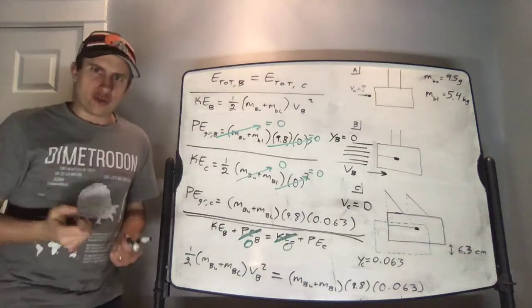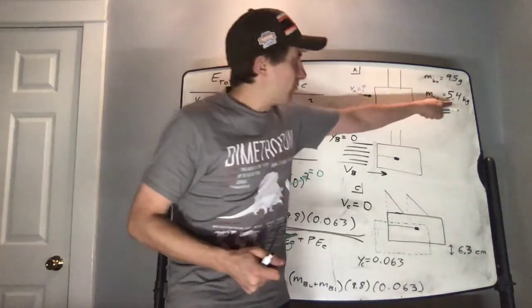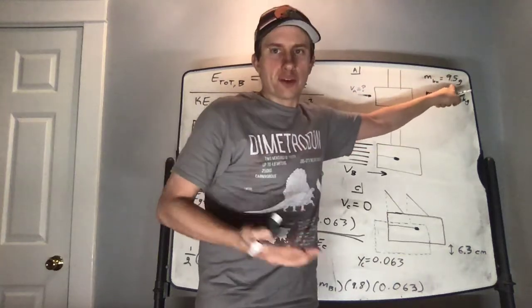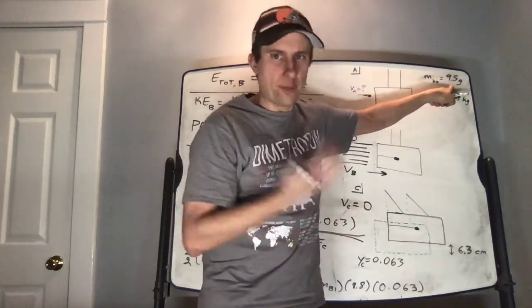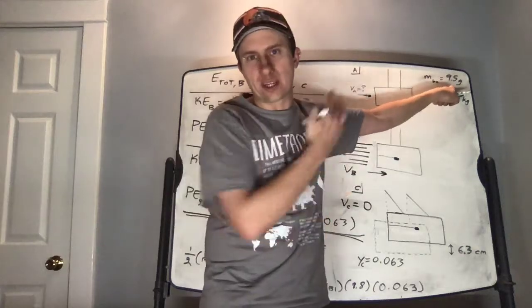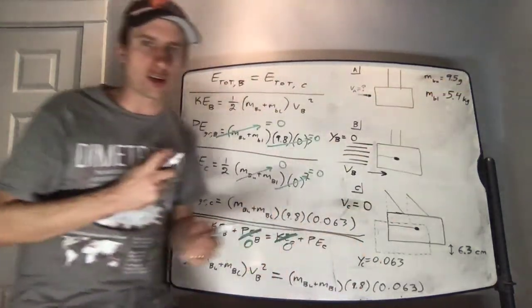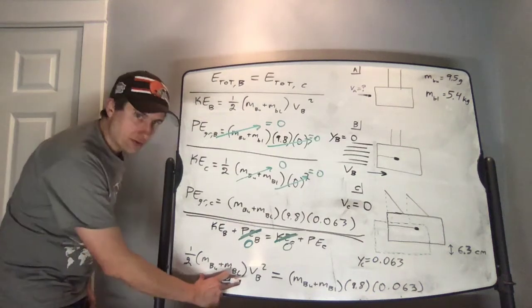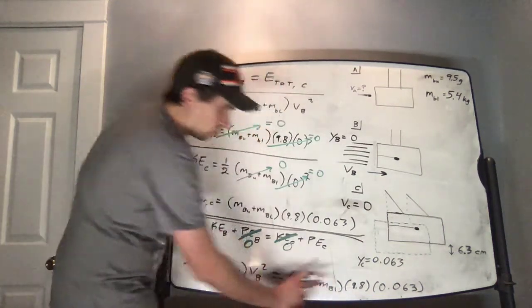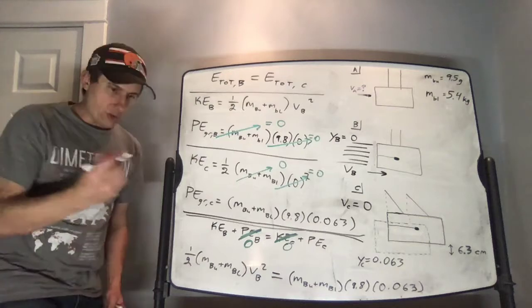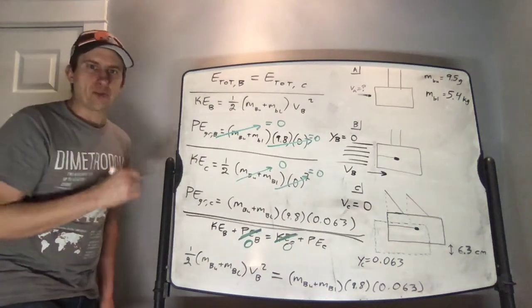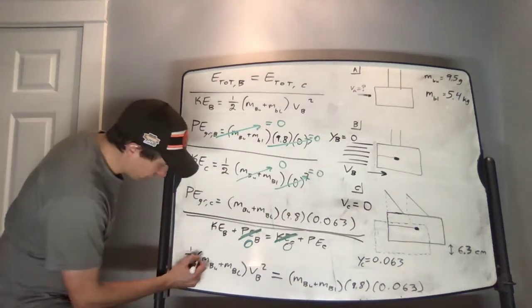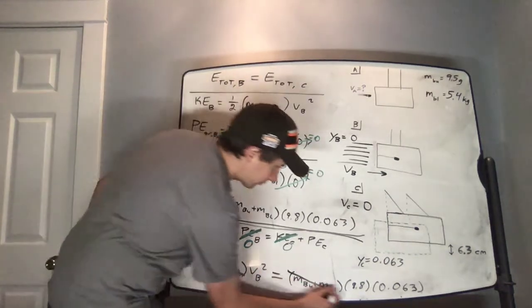Now, if I wanted to, I could plug in 5.4 kilograms for the mass of the block and 0.0095 kilogram for the mass of the bullet. Remember, we should be working in kilograms, so I would need to do a conversion. But I noticed that I have the total mass of the objects here and the total mass of the objects here. So instead of worrying about their masses, at least in this particular equation, I could just cancel the masses out.